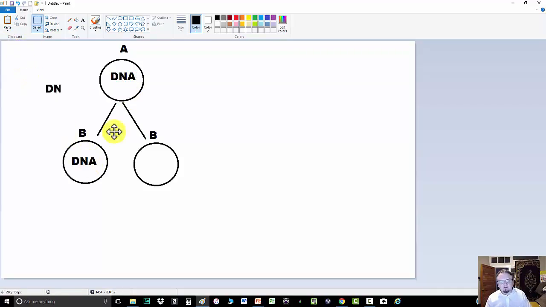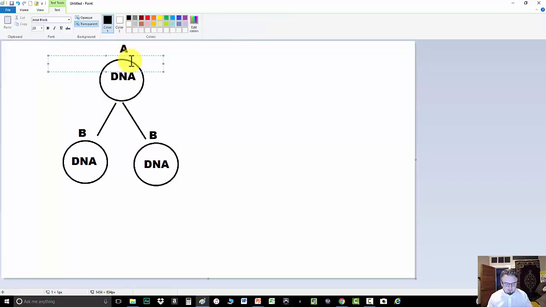Through mitosis, unless we're talking about sex cells, which would be meiosis, the DNA is split evenly into each of these two cells, what we're calling B. Technically, the terminology rather than A and B is that this is called a parent cell, and these down here are referred to as daughter cells.